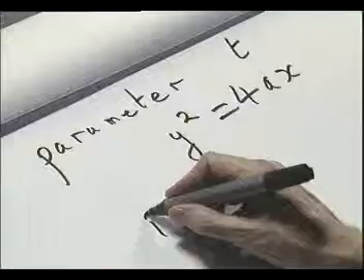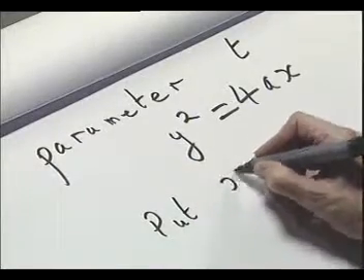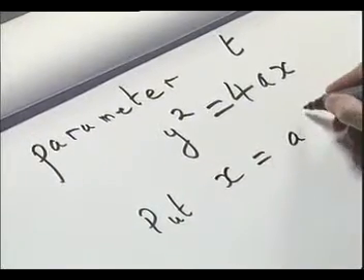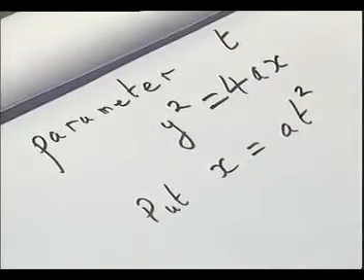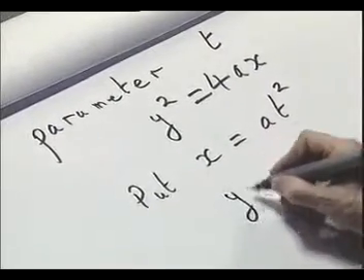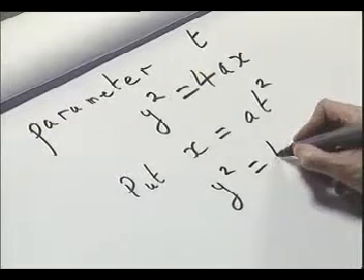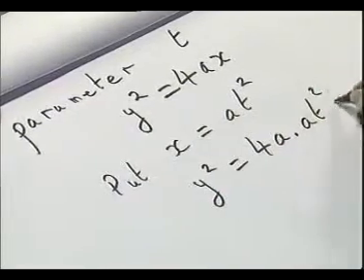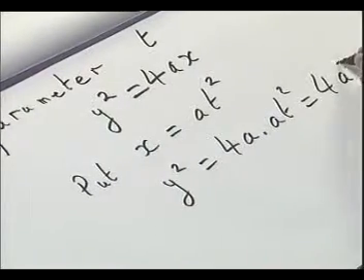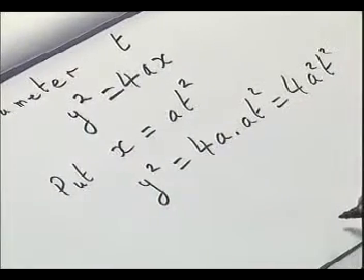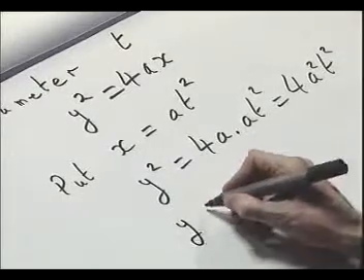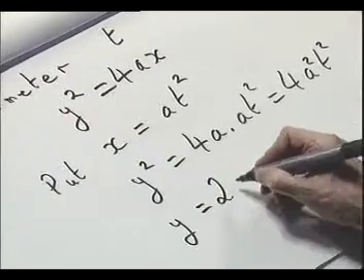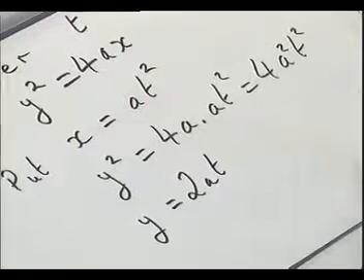So if we put x equals a t squared, then y squared is equal to 4a times a t squared, which is 4a squared t squared. And so y is equal to 2at.